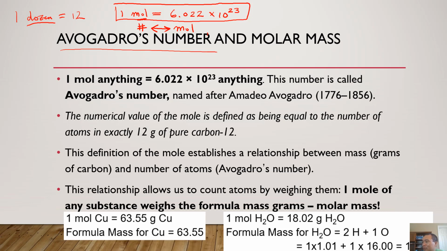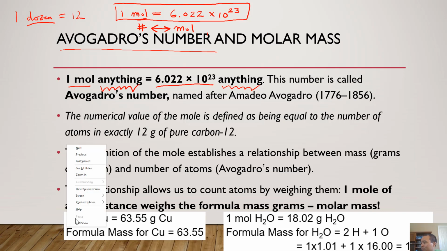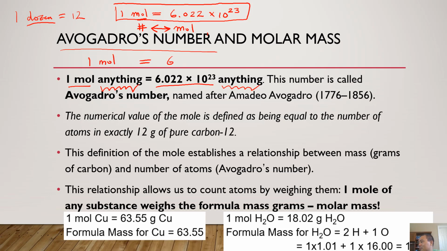So that's the first new relationship. 1 mole is this number. 1 mole of anything is that number of anything. So 1 mole of anything is 6.022 times 10 raised to 23 times anything.